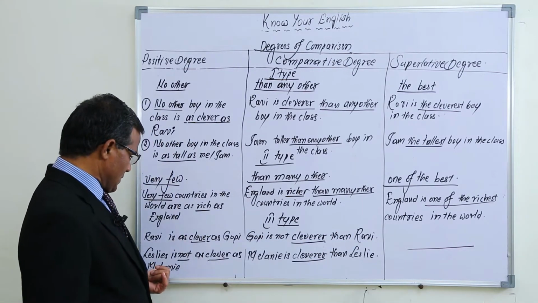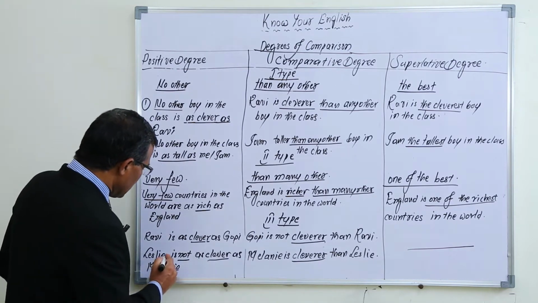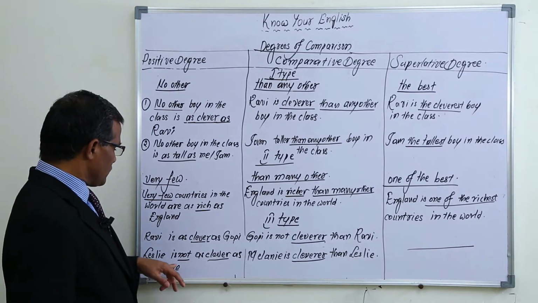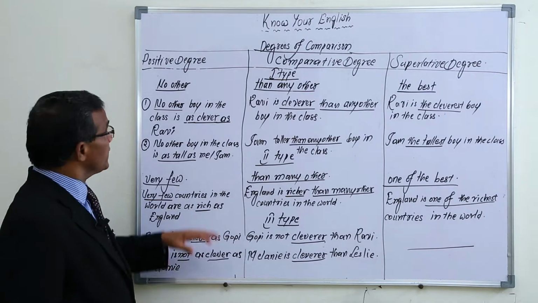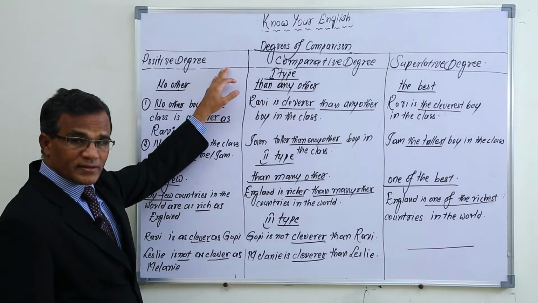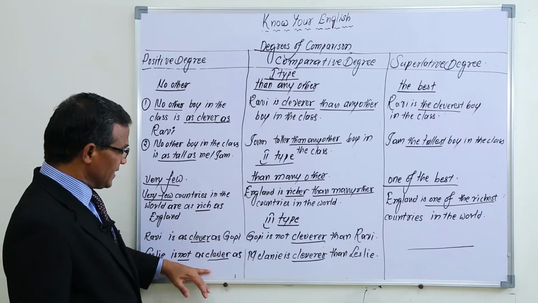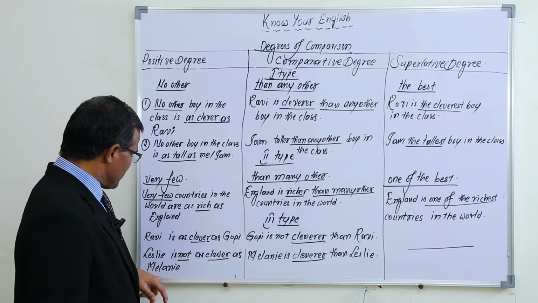And for example, Leslie is not as clever as Melanie. So here the sentence is a negative sentence in positive degree. Leslie is not as clever as Melanie.